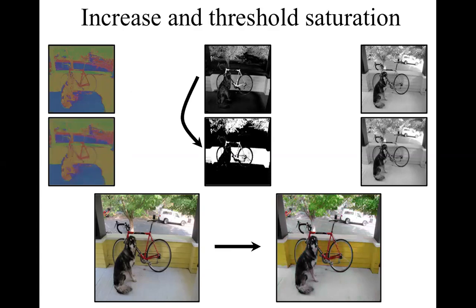And here, I think what is shown is that you increase the saturation, but you put a threshold, and you obtain this image on the right part.